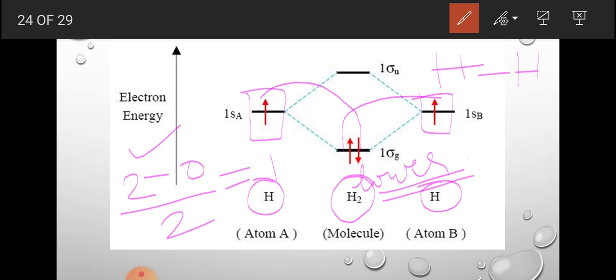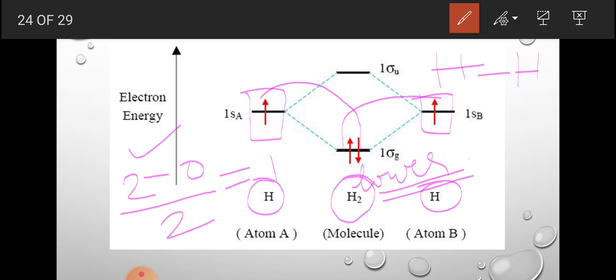Is it clear? Molecular orbital diagram of hydrogen. Bond order is 1, which shows that two hydrogen atoms are bonded together by a single covalent bond. The bond dissociation energy of the hydrogen molecule is 438 kilojoule per mole and bond length is 74 pm. There is no unpaired electron, so the hydrogen molecule is diamagnetic.